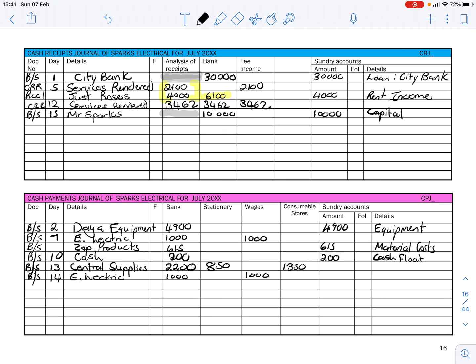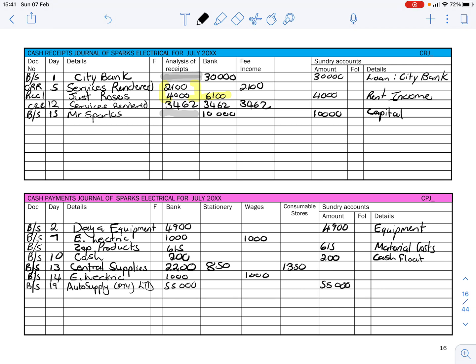On the 19th, we bought a second-hand vehicle from Auto Supply Limited for 55,000 Rand. Okay, we have our bank statements. We are buying from Auto Supply Pty Limited, and the amount is 55,000 Rand.